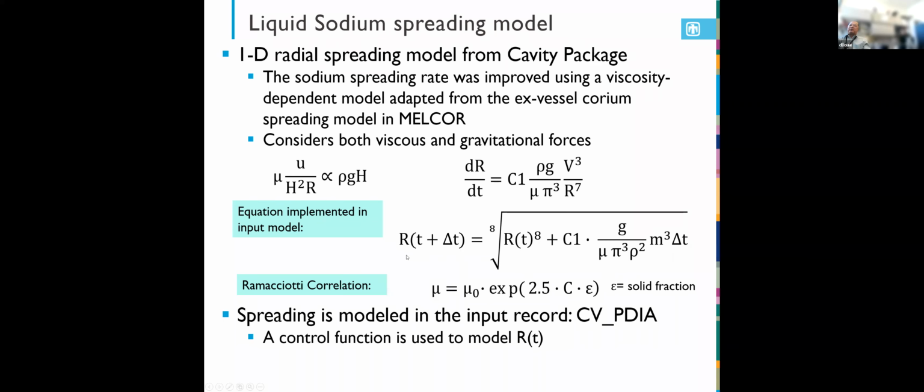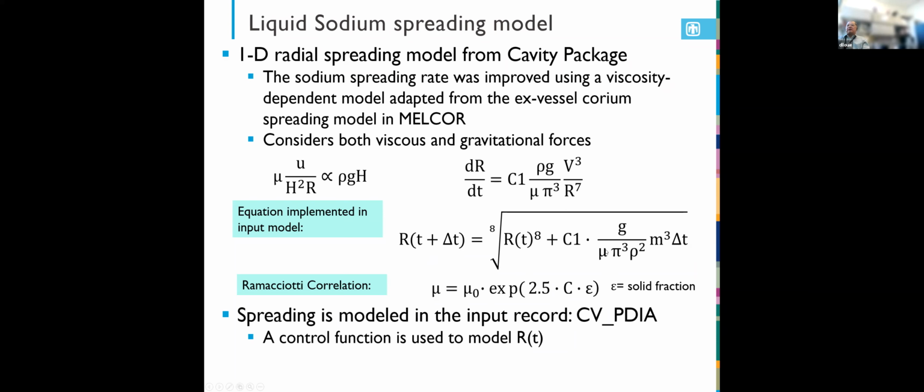You solve this equation and come up with this final equation, a function of t per delta t. It has a quantity that is a function of viscosity, the mass of the sodium, and the density of the sodium in the time step, and some constant coefficients.